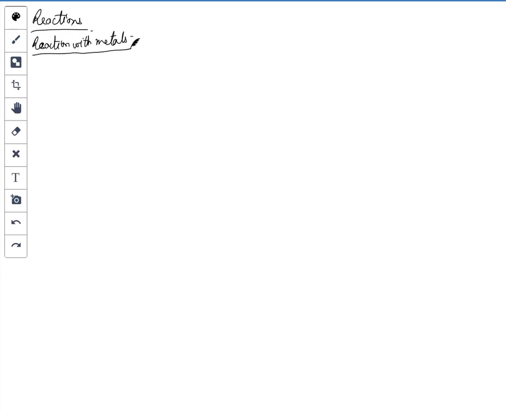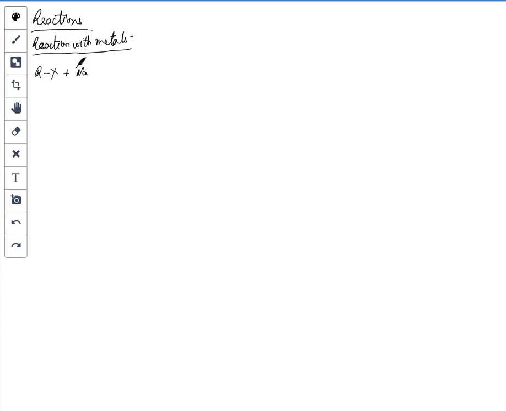Let us say we have an alkyl halide RX and we react it with a metal, for example sodium. Now sodium is a radical; it contains an unpaired electron.